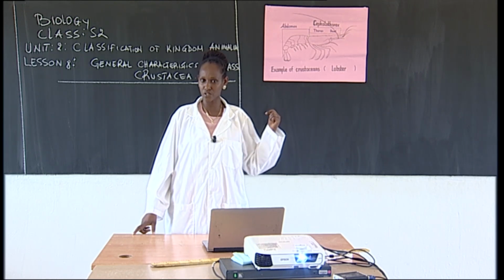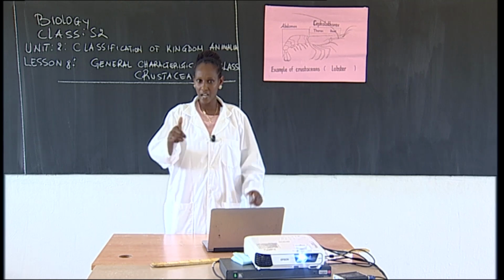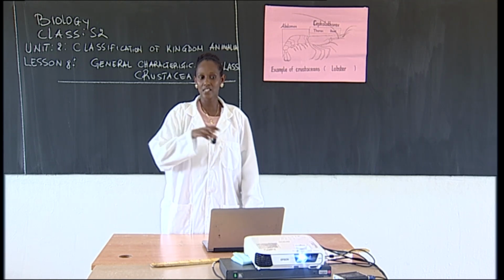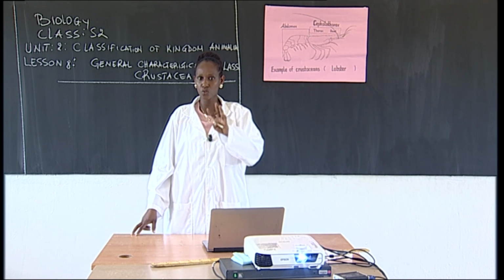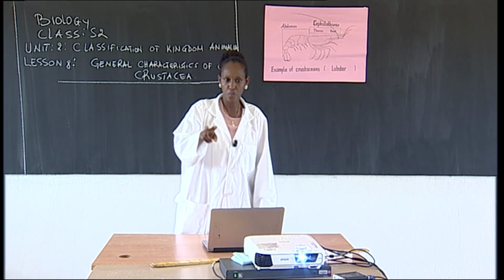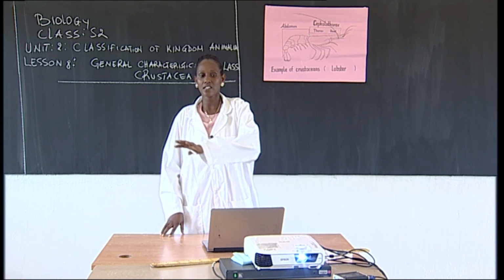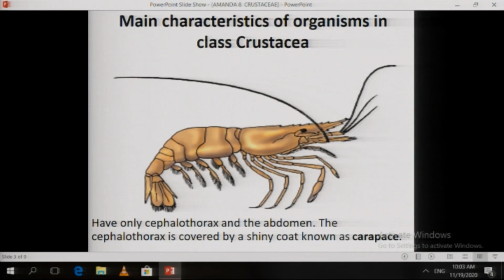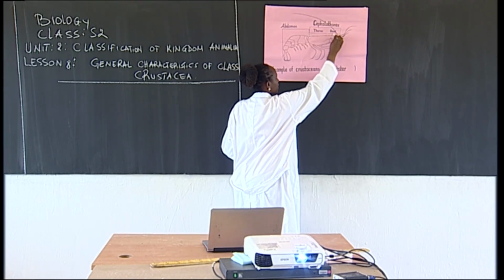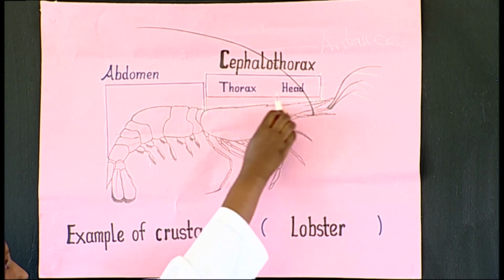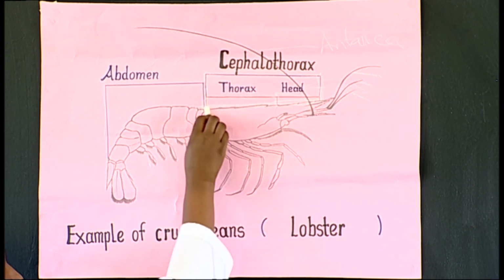I started introducing them. One, as I said, there is a cephalothorax. They have 2 body parts, all right? And the cephalothorax is covered by a shiny coat. This cephalothorax here is covered by a shiny coat.